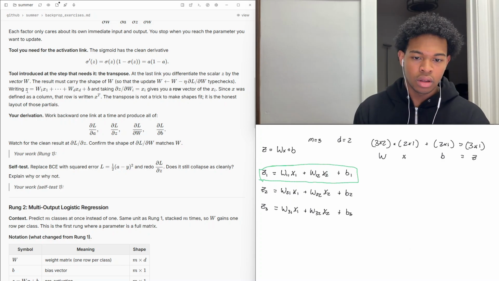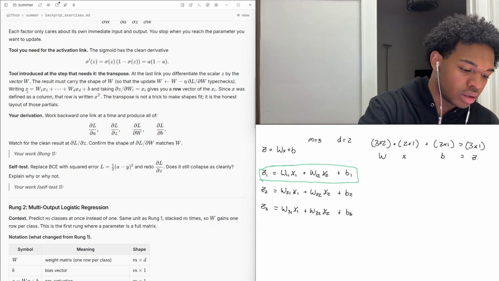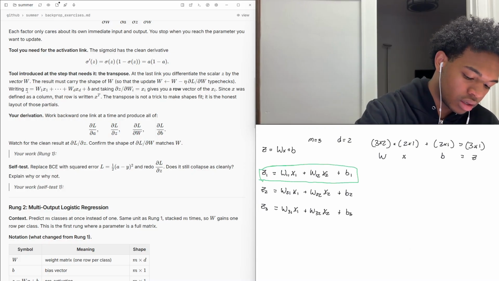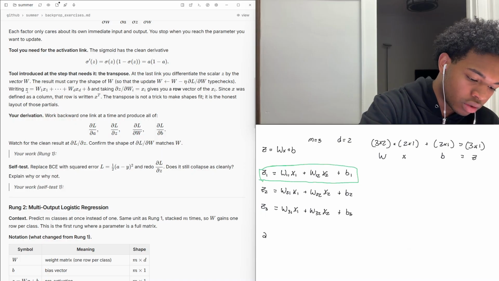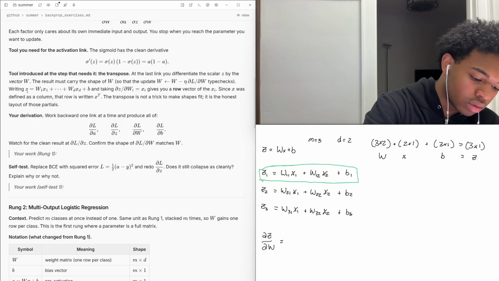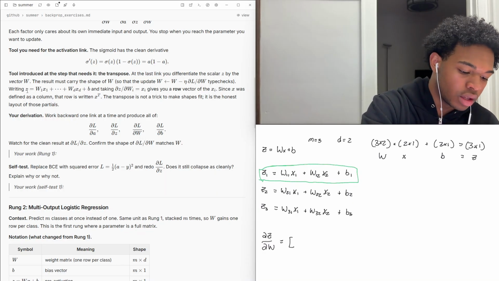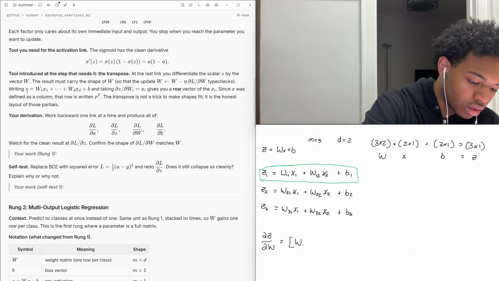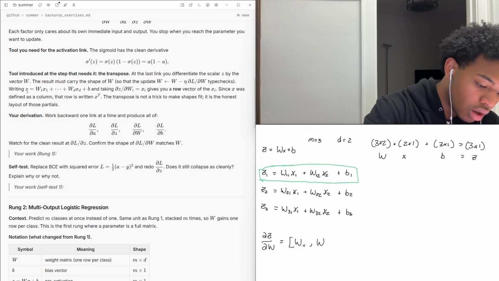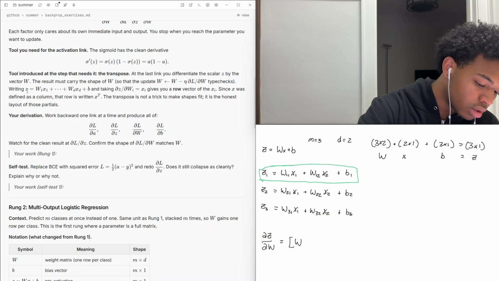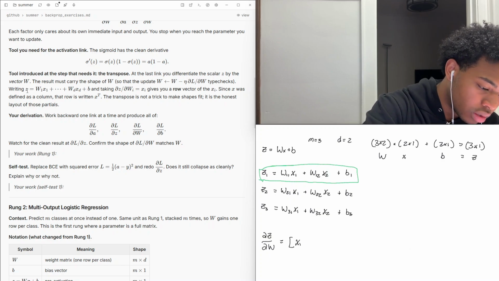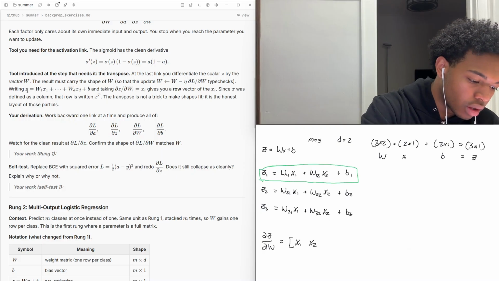Then we're looking at the partial of z with respect to w, which would equal, and we get to choose the shape. Trivially, we're going to say the row vector. Oh, no, it's literally x. With respect to w it is x1, x2.